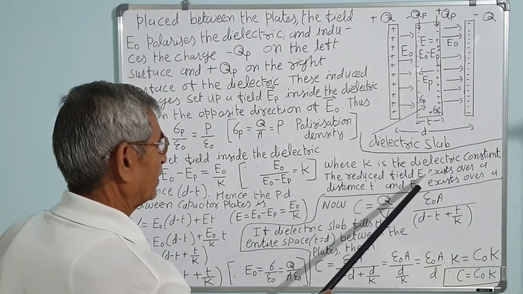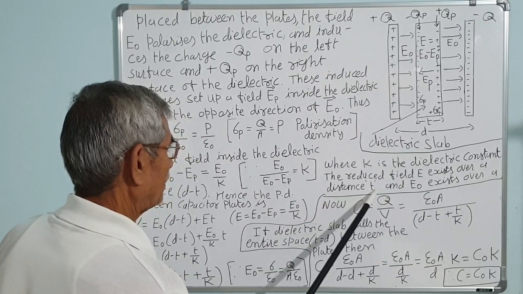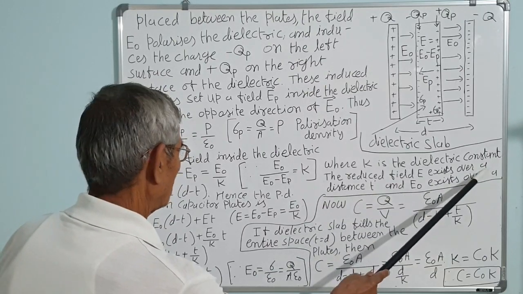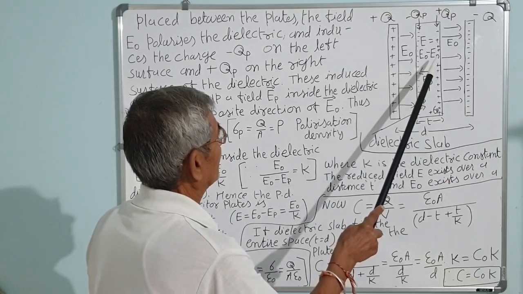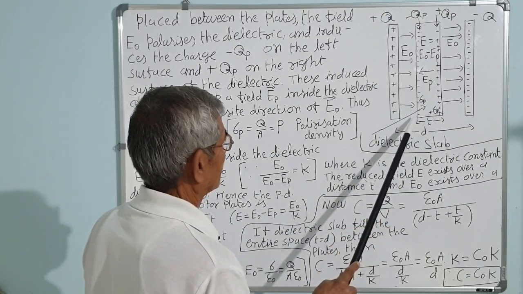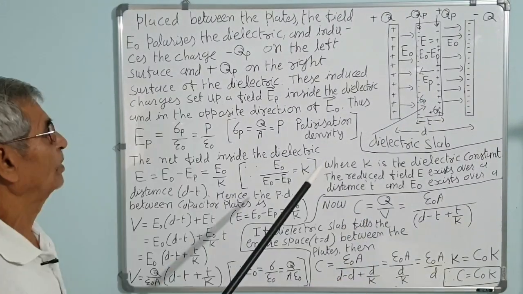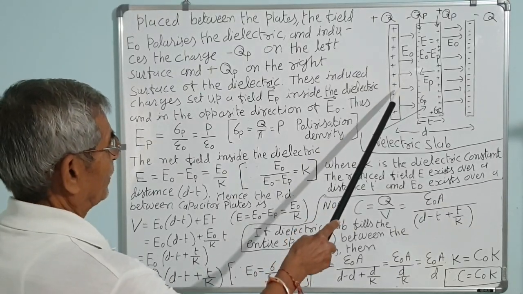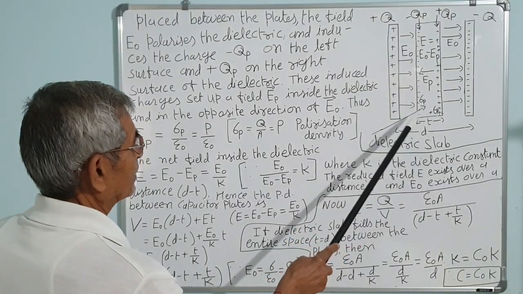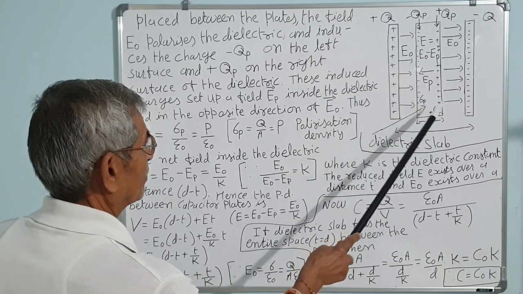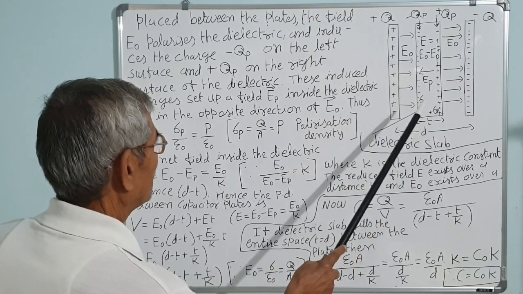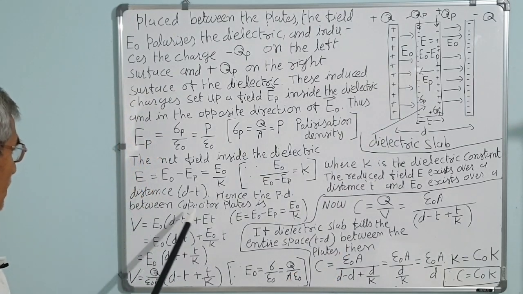The reduced field E exists over the distance t and E0 exists over the distance d minus t. So, the reduced field E0 minus Ep exists in the thickness t. The field E0 exists in the d minus t thickness, in this area, with this breadth and this length, and this length will be d minus t, correct?